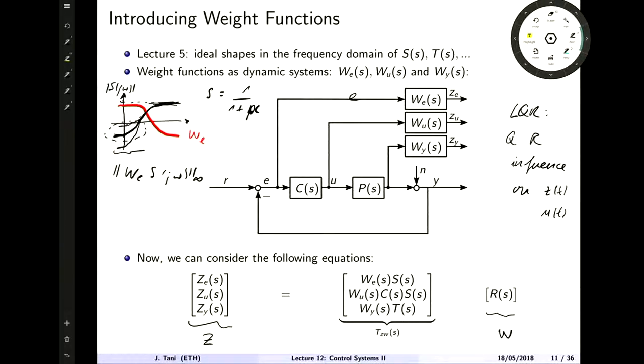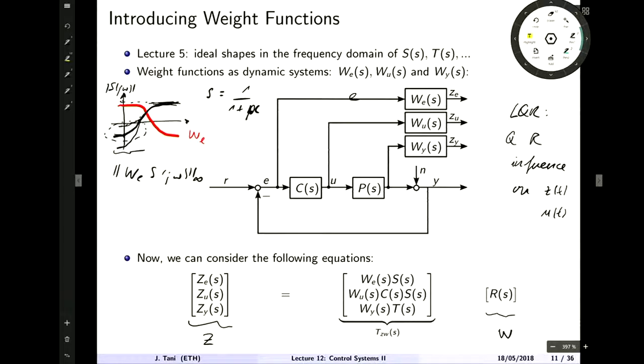How in an LQR setting would you take a direct influence, for instance, on the sensitivity function? Can you do that? No, right? Because if you tune with Q and R, you will tune Z and U, and okay, you can do that in MATLAB all the time and then look at the sensitivity, but you cannot directly impose constraints and conditions on the sensitivity. Here we can, right?